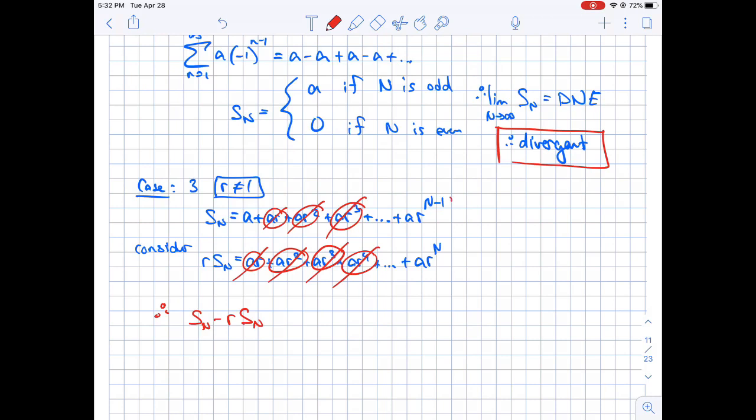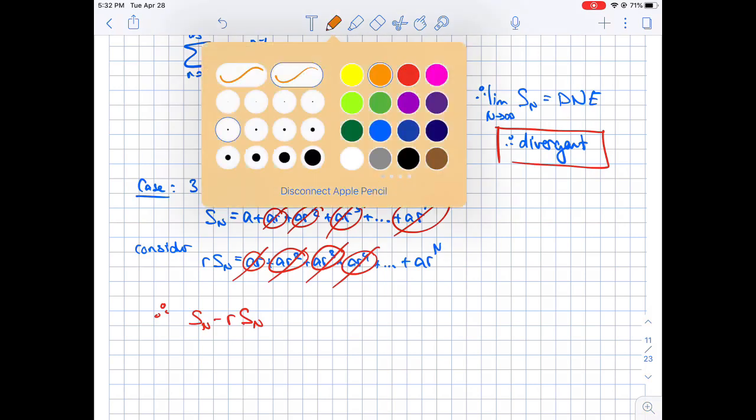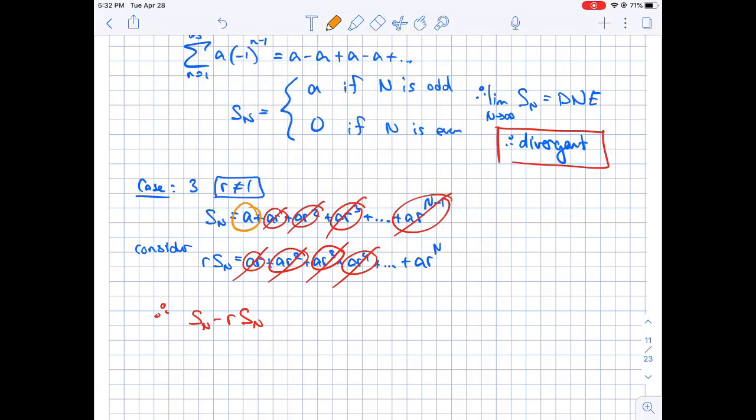And this term right there would cancel with the term that would come right before a times r to the power of n, so it is also going to be gone. The only terms here that do not cancel are going to be this a at the start and this a times r to the power of n at the end.